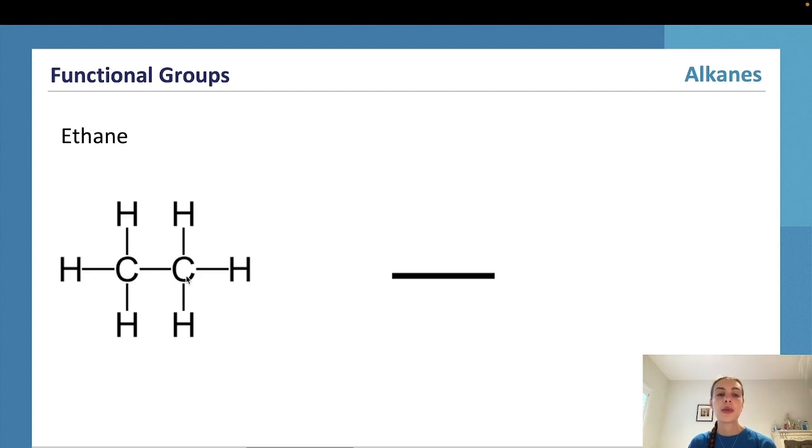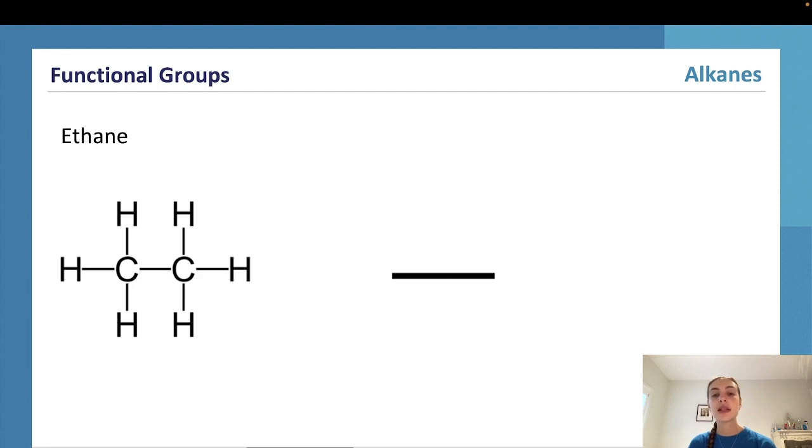So the structural formula is showing each individual atom and how it is bonded to every other atom, whereas the skeletal formula shows this but without any letters to specifically denote what these are.